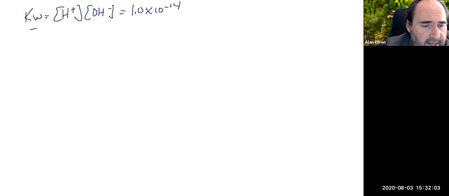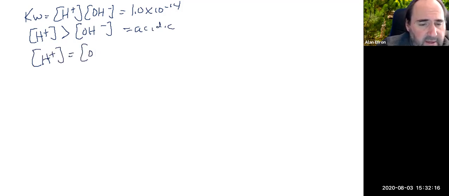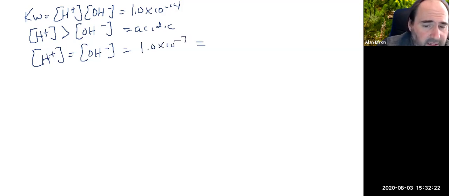When the H plus concentration is larger than the OH minus concentration, then the solution would be acidic. If the H plus concentration equals the OH minus concentration, that means they both equal 1 times 10 to the minus 7, which means it will be neutral.